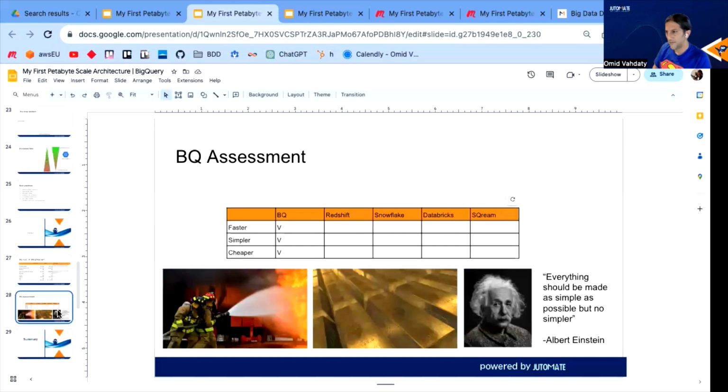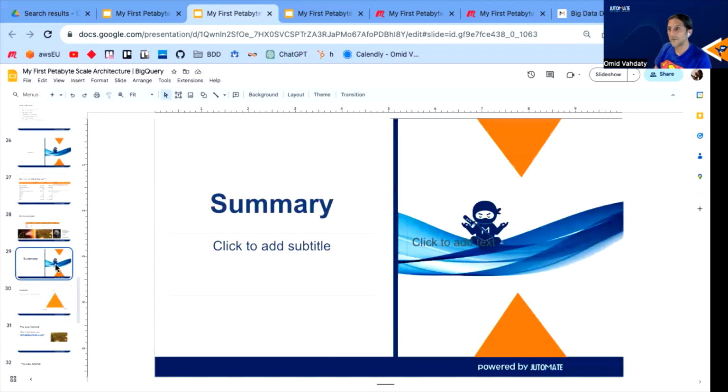In terms of assessment, if we are comparing these 5 technologies in my framework of faster, cheaper, simpler, usually BigQuery is fast enough for most common use cases, very simple, and it's relatively cheap compared to other solutions. Questions about this before we go to summary?